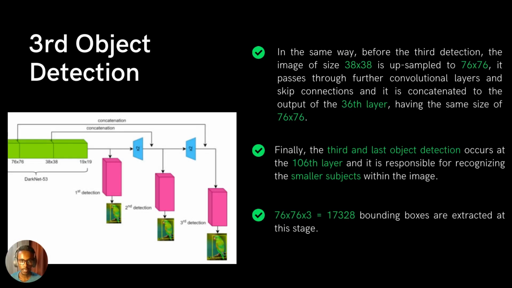Once we have finished the second detection, in the same way as before, for the third detection the image of size 38 by 38 is going to be upsampled to 76 by 76. So the one that we got from the previous detection is going to be upsampled again, and it's going to be changed to 76.